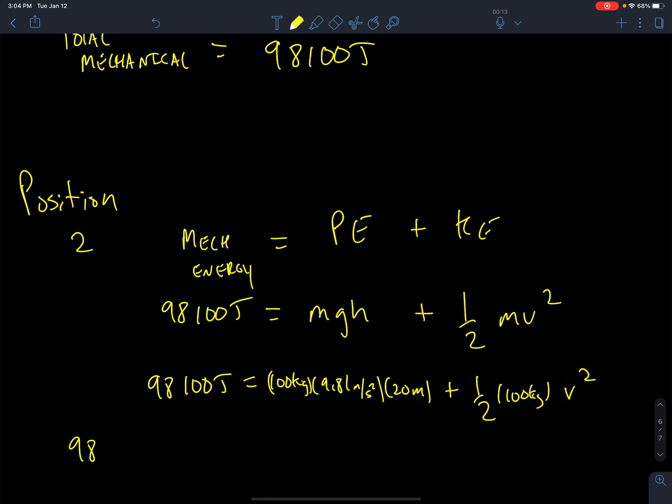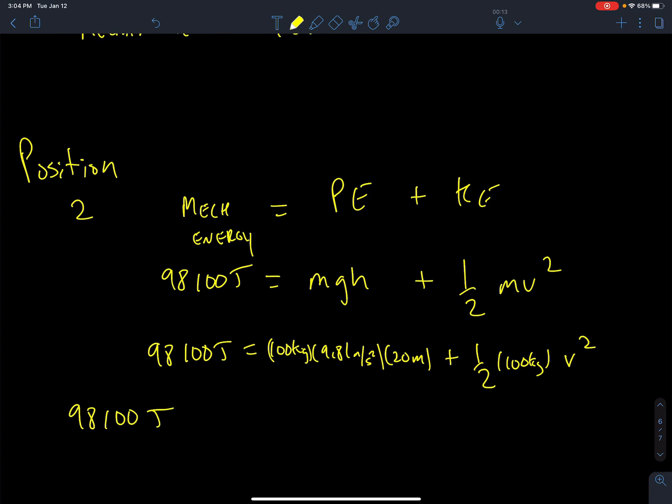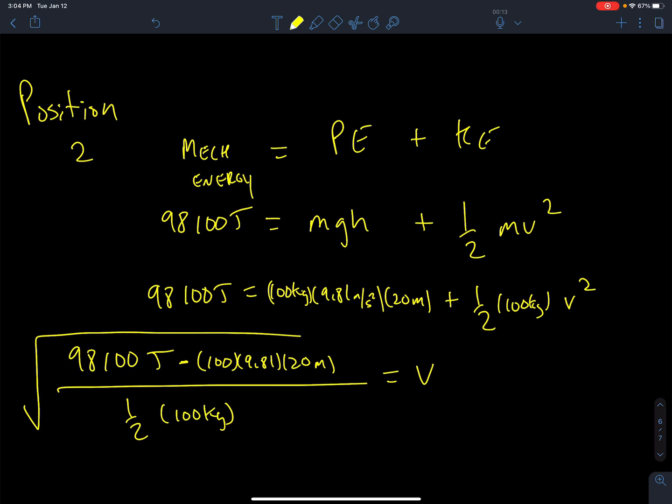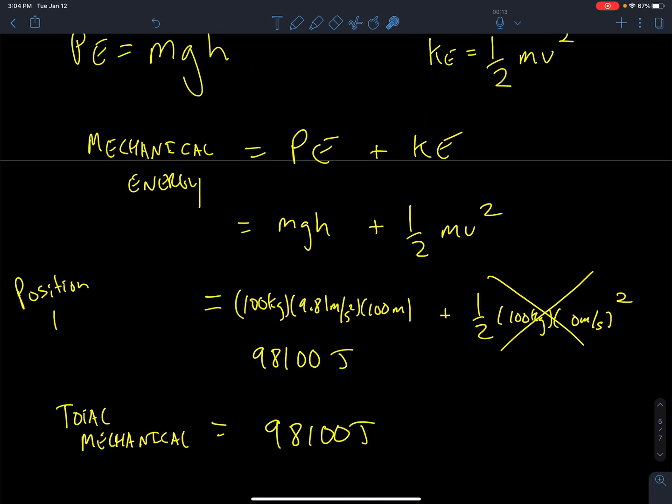So 98,100 joules subtract 100 times 9.81 times 20 meters, divided by 1/2 times 100 kilograms. And if I square root all of that, that would give me my velocity. So we have a way of calculating the velocity of an object at that point.